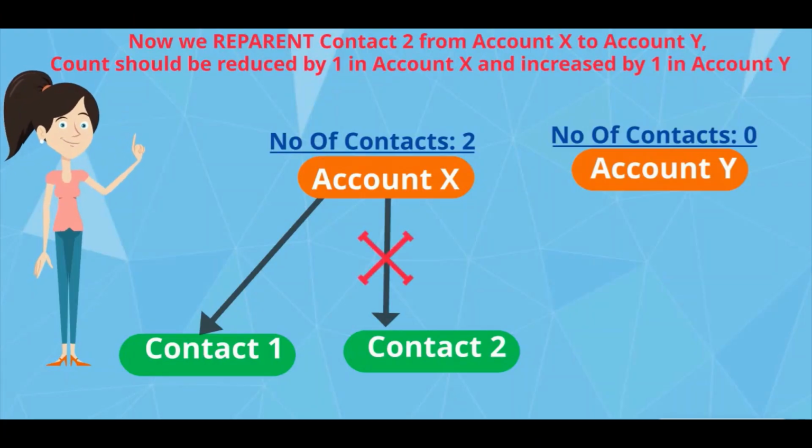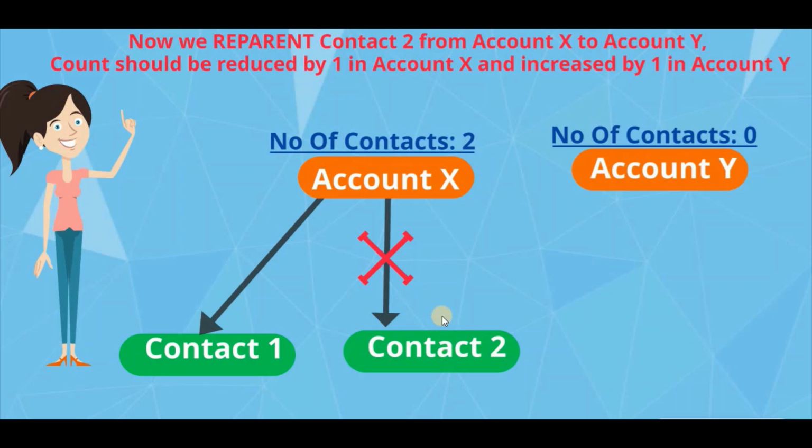Now comes scenario number 3. So far we have seen whenever a contact is deleted or inserted, we have updated the count accordingly, right? Now, in this scenario, for account X, if we reparent contact 2 from account X to account Y, which means we have the option to reparent, right?